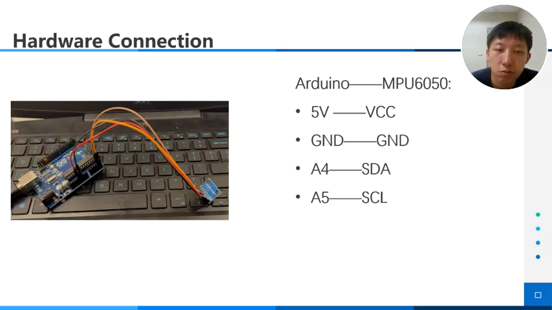The A4 pin (SDA) of Arduino is connected to the SDA pin of the MPU6050, and the A5 pin (SCL) is connected to the SCL pin of the MPU6050. These are the two key lines of I2C communication, ensuring data can be transmitted between them.